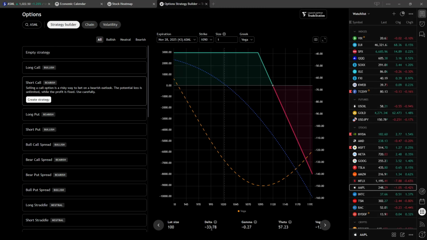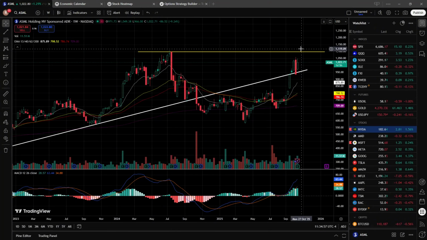So this is where I would write a covered call, owning the stock already. Where's my target again? My target area is around here, and I will think about whether I take profit and close the position or just hold it to the end and see what happens. If I close out the underlying stock, I must close out the covered call.